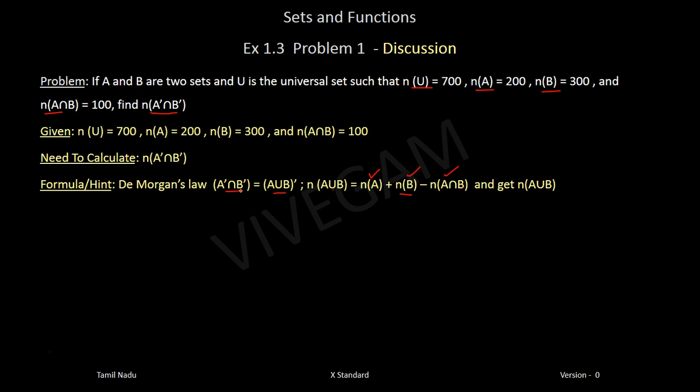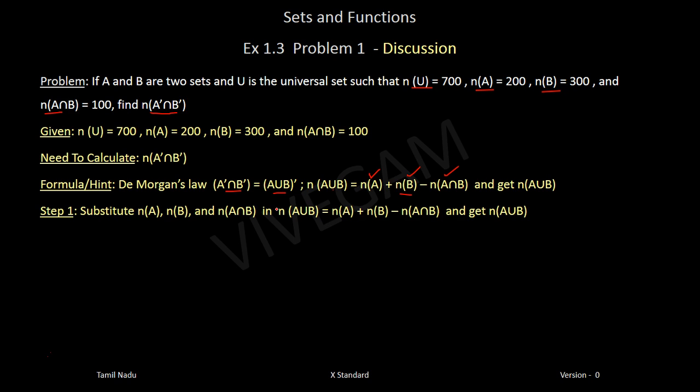Okay. So what are the steps? Substitute the values of n of A, n of B and n of A intersection B in this formula, n of A union B equal to n of A plus n of B minus n of A intersection B, and get n of A union B. As I told you, we know this, we know this, we know this, right? Substitute and get n of A union B. So next step will be to calculate n of A union B the whole complement. So what is n of A union B whole complement?